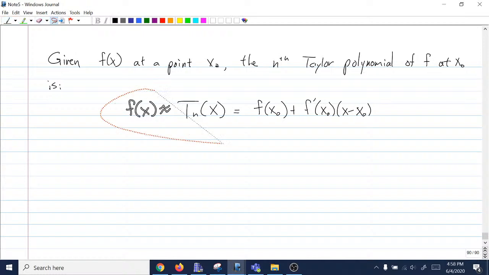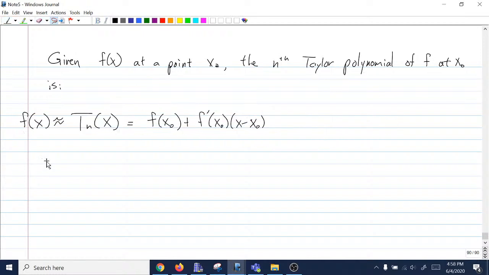I'm going to need more space. The next term is going to be the second derivative over 2 factorial x minus x naught squared. And the last term will be the nth derivative at x naught over n factorial x minus x naught to the n. If I want to write a closed form expression, like these dot dot dots are a little hand wavy, I'd like a better, more complete thing.